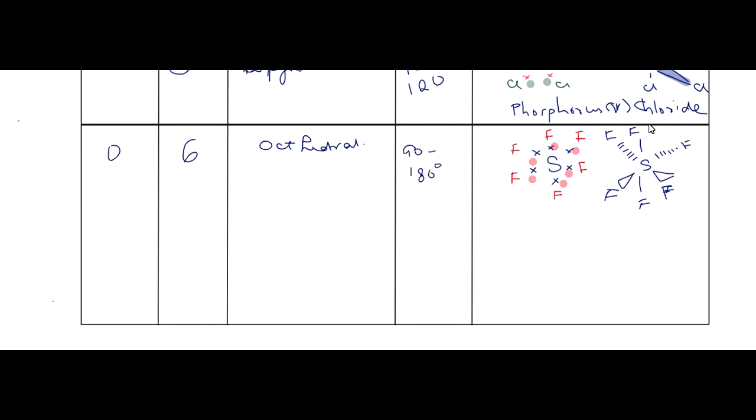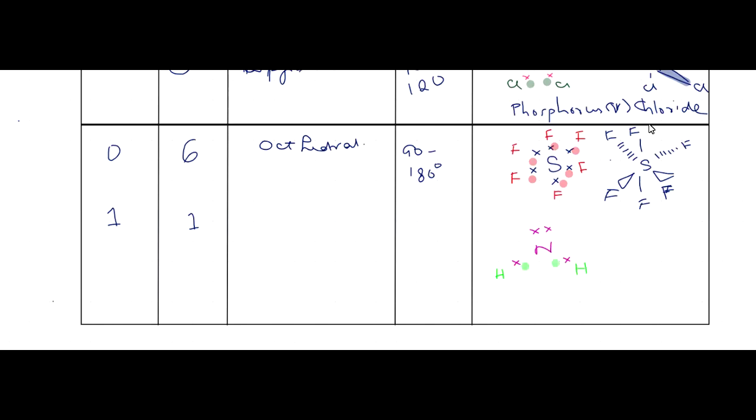Okay. Now let's talk about what if we have lone pairs of electrons. If I have one lone pair of electrons and three bonded pairs of electrons, this is an example that you probably already know. What is this an example of? Ammonia. In ammonia, I have one lone pair and three bonded pairs.